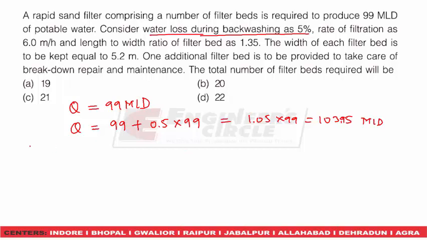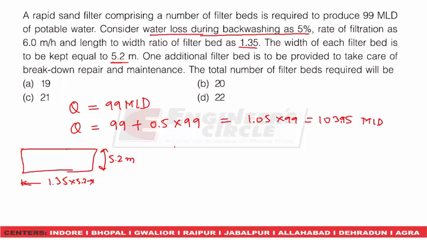Now it is given to us the length to width ratio is 1.35 and the width is kept as 5.2 meter. Therefore length will be equal to 1.35 into 5.2. So area of each filter bed will be 5.2 into 1.35 into 5.2.